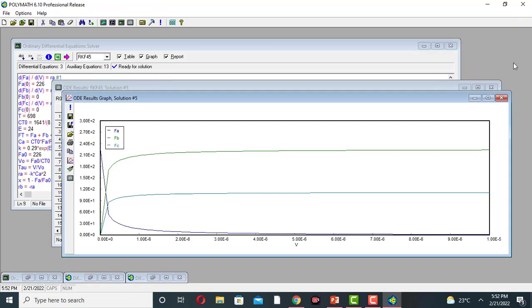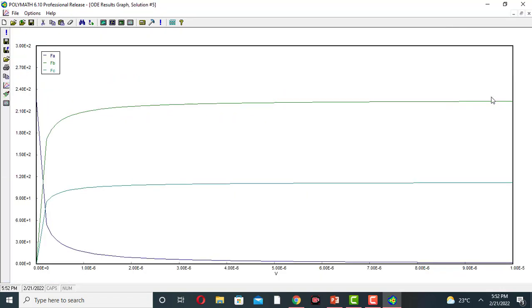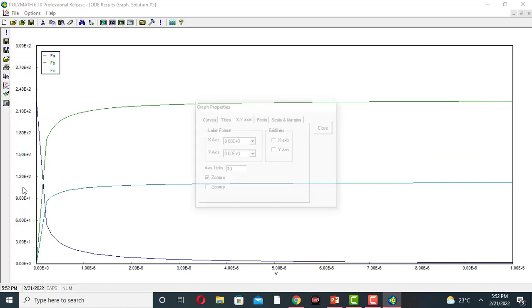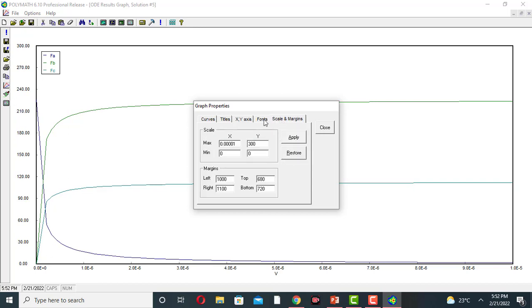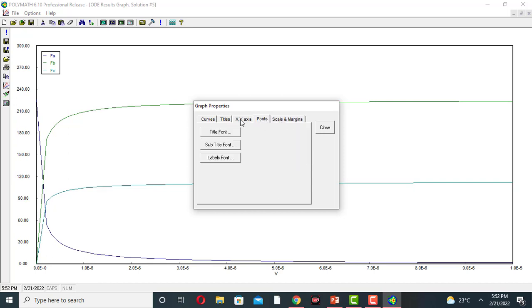In the table, this is the graph. Axis, scale, the font. You can change the font size, the font, Times New Roman, variant. So this is the grid line, the curves. The title you can write micromole per second.